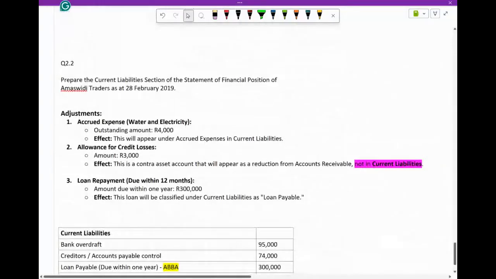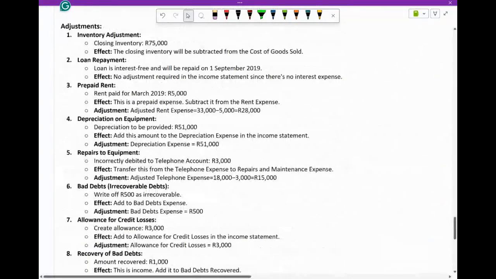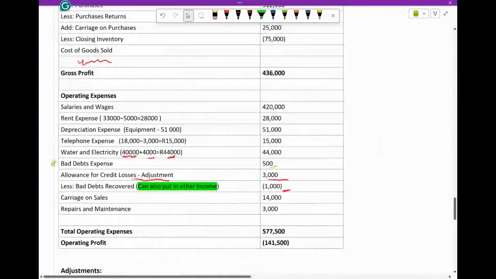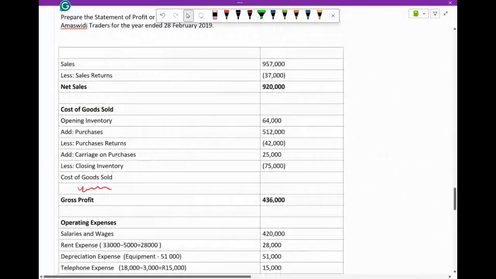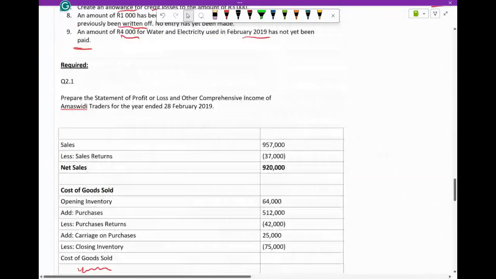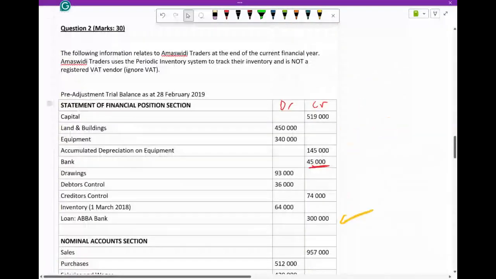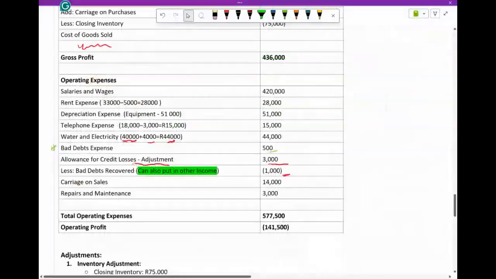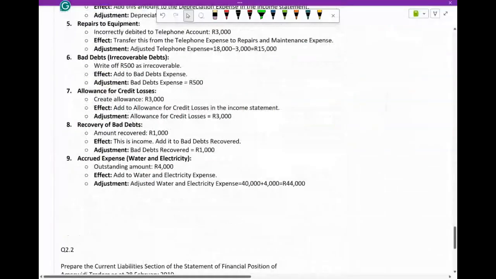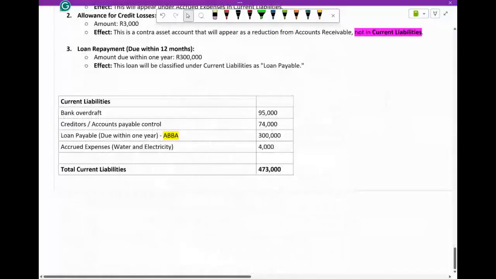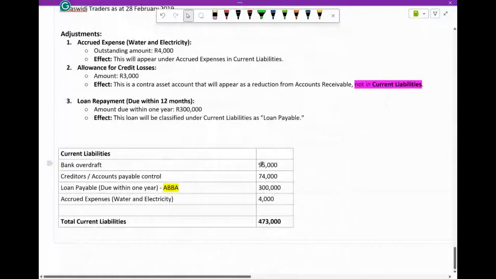I think maybe I answered this question with the wrong amounts initially. But it should just be the 45,000 because I don't see anything that alluded to an overdraft or anything to that effect. So this should be 45.